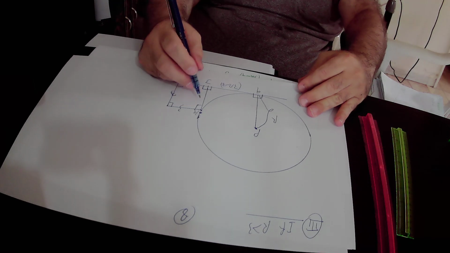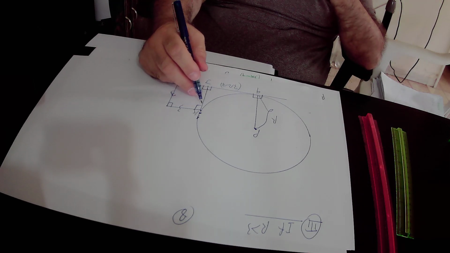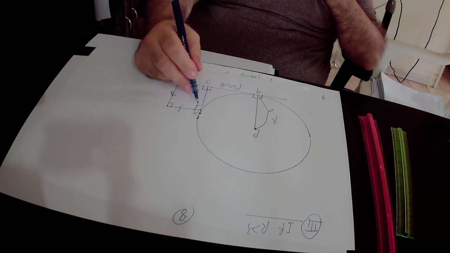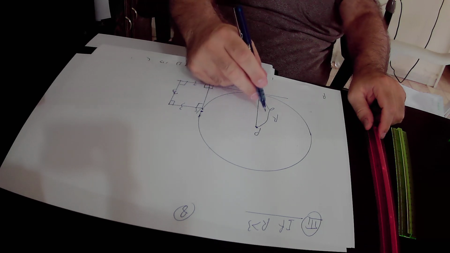So here, from point K, we draw a perpendicular on the radius PQ. Repeat again, from point K, we draw a perpendicular on the radius PQ.